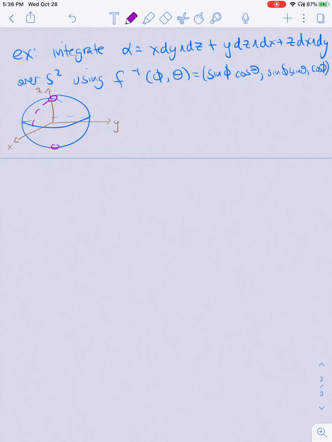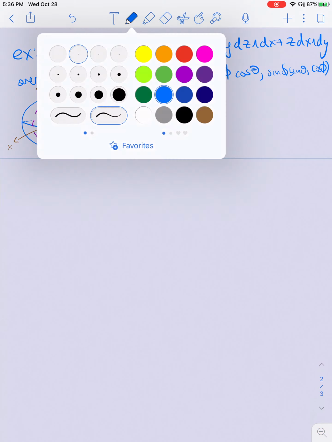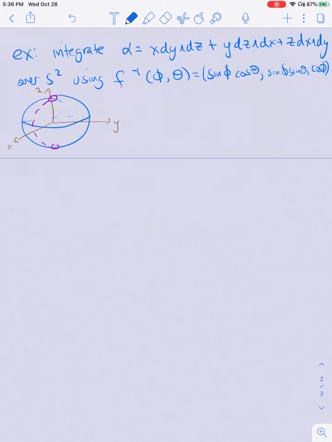I'll make it dotted, where theta is either 0 or 2 pi. As long as I'm using the domain theta, phi in the product of (0, pi) and (0, 2 pi) in R2.